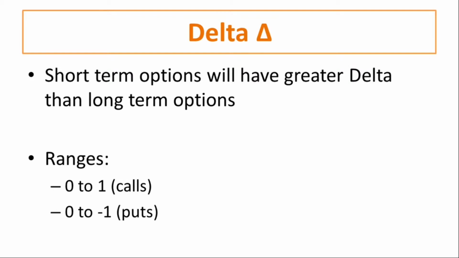This is to represent that for calls, the option value will increase if the stock price goes up by $1. So it's a positive to positive ratio, versus for puts, the value of the option actually increases if the underlying stock price goes down. So it's an inverse relationship, and that's why it's negative.